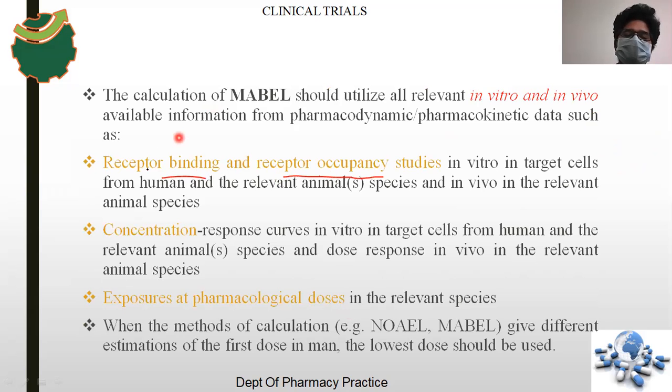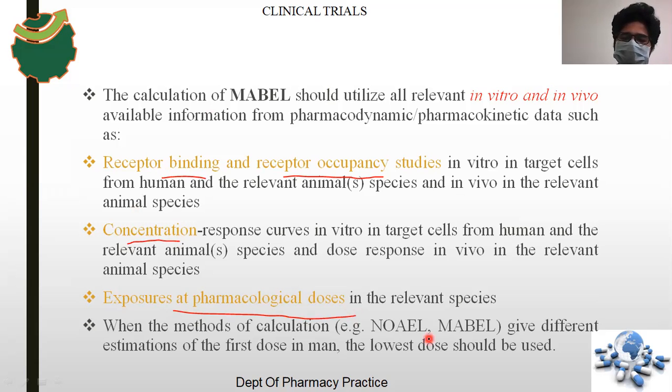That means how much a drug is binding to on-target receptors and how much to off-target receptors, and what the receptor occupancy rate is in vitro and in vivo, whether in human or animal studies. Next are the concentration curves like Cmax, Tmax, and steady state concentration, which should be taken care of. Next, exposure at pharmacological doses in relevant species should also be considered.